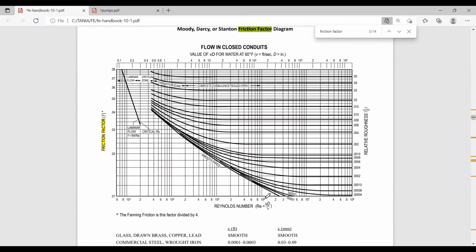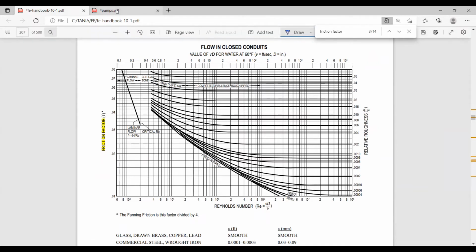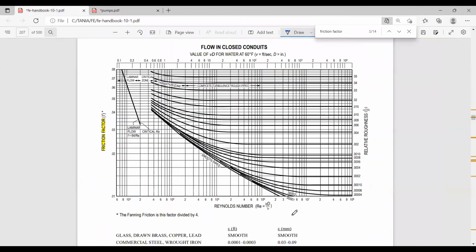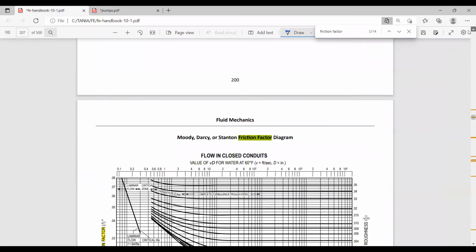The Reynolds number equals V times D over kinematic viscosity. And we know that the water is at 60 degrees Fahrenheit, and the kinematic viscosity is given in this table here.